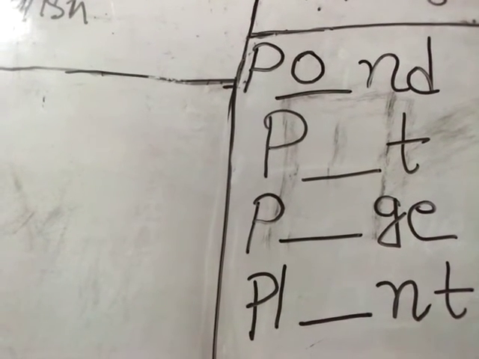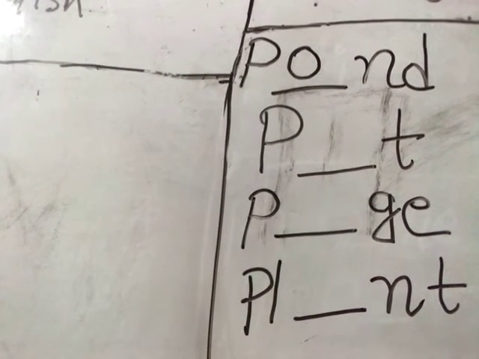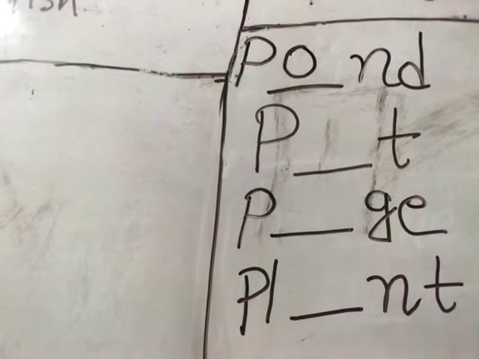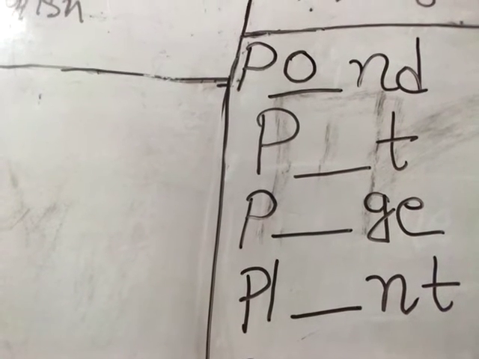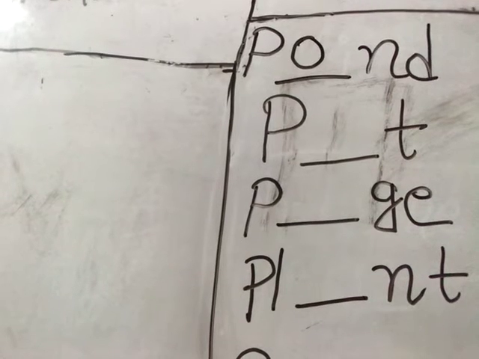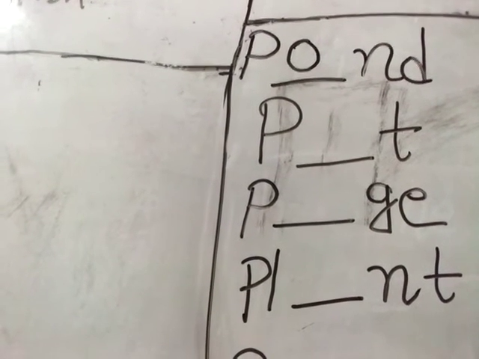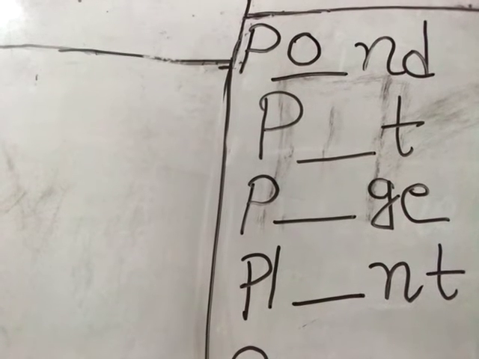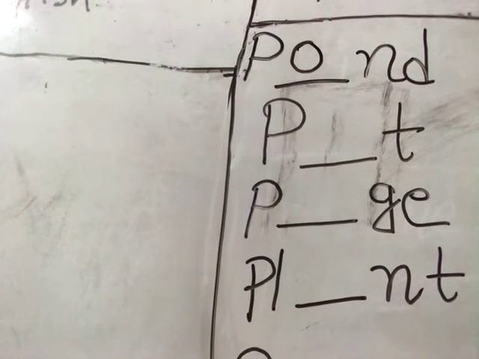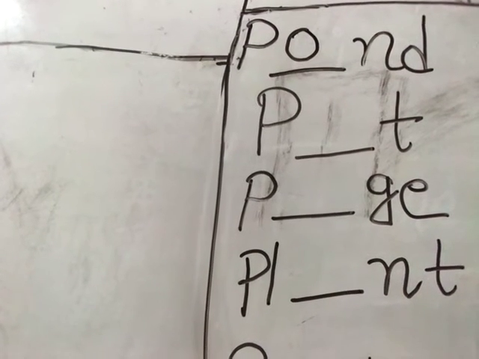Isn't it? Okay. Now coming to the next one, P dash T. If I see, we can use so many vowels like P-U-T put, or P-E-T pet, or P-O-T pot. But we can't use P-A-T pat. Though it sounds very familiar, actually it doesn't give any meaning, babies.